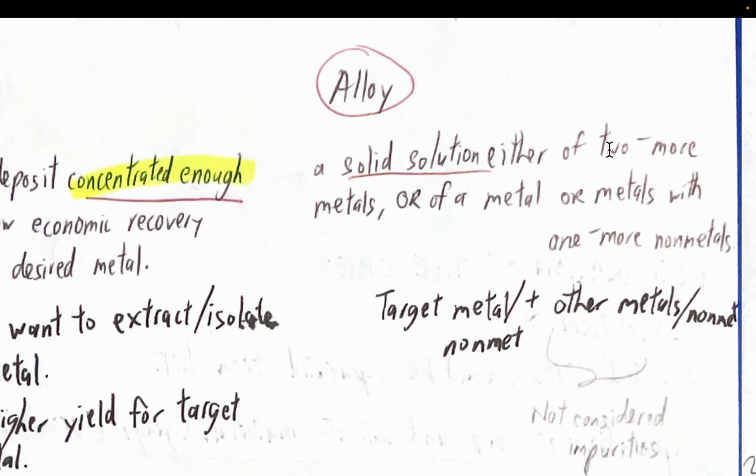Two or more metals, or of a metal, or metals with one to more nonmetals. So essentially, a combination of metals or a combination of metals and nonmetals at the same time.